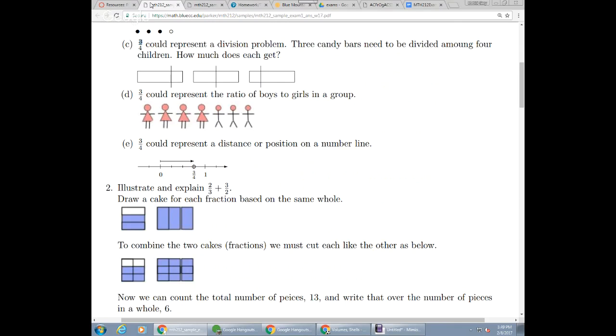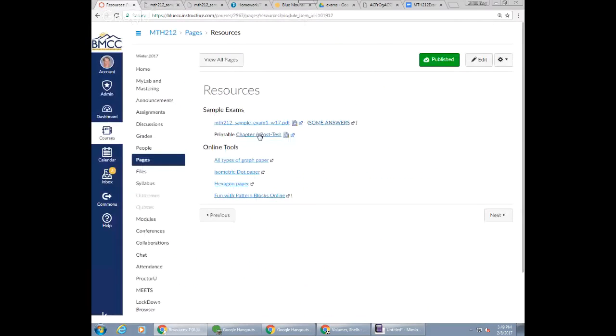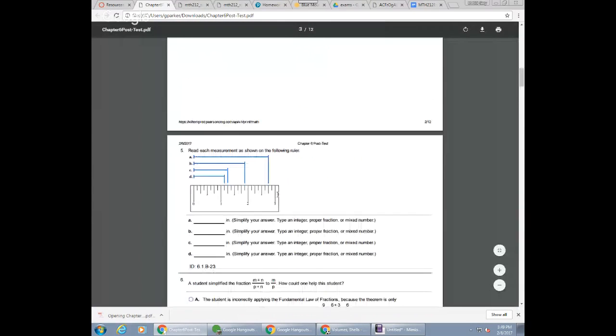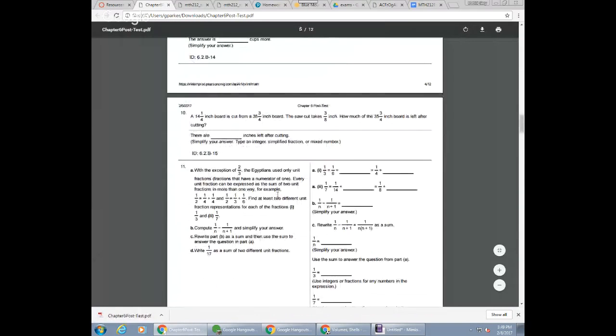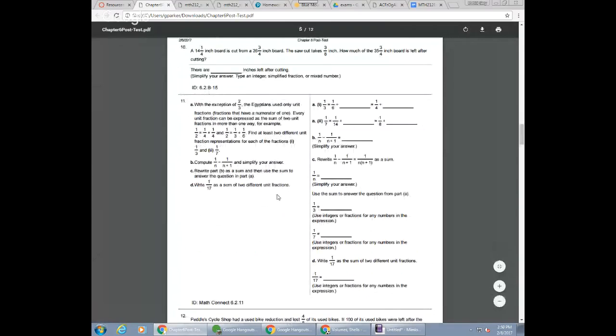Number 11 on the 6 post-test. Okay, number 11 says, with the exception of 2/3, so this is interesting. When the Egyptians did fractions, most fractions, they only had 1 as a numerator. So they didn't have like 2/5 or 3/5 or 7/10.